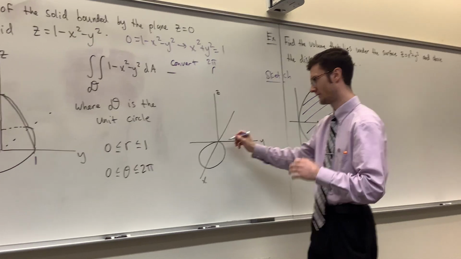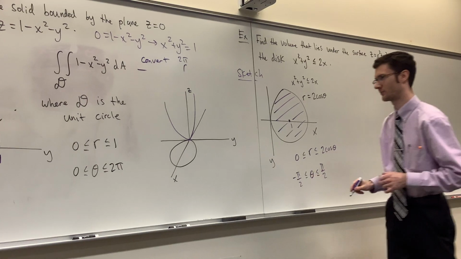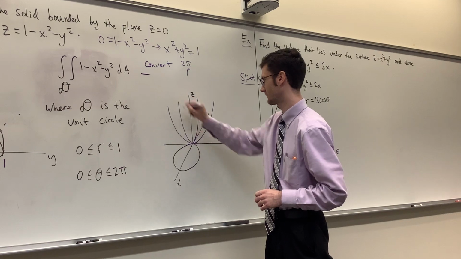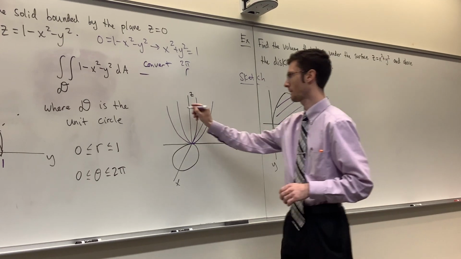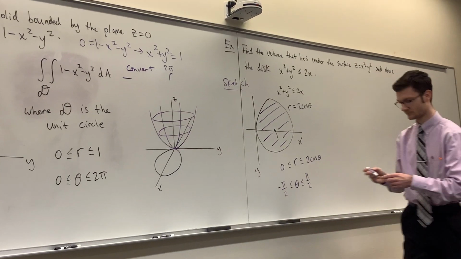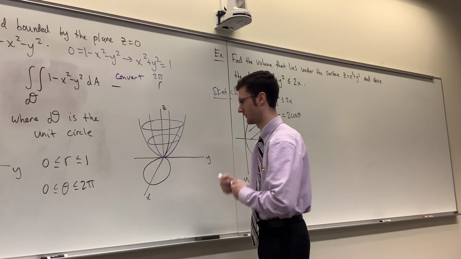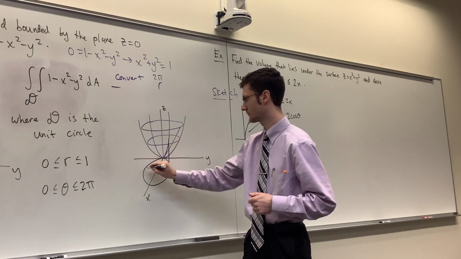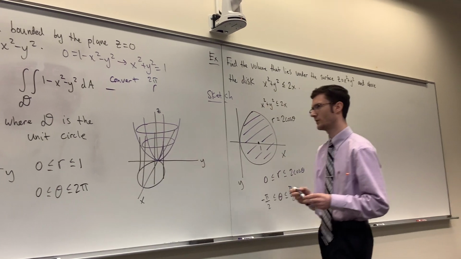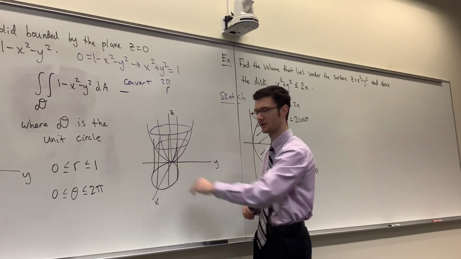The traces are circles along the z-axis. This thing comes up, so we almost get a cylindrical shape, but one side of it is bounded by this paraboloid.